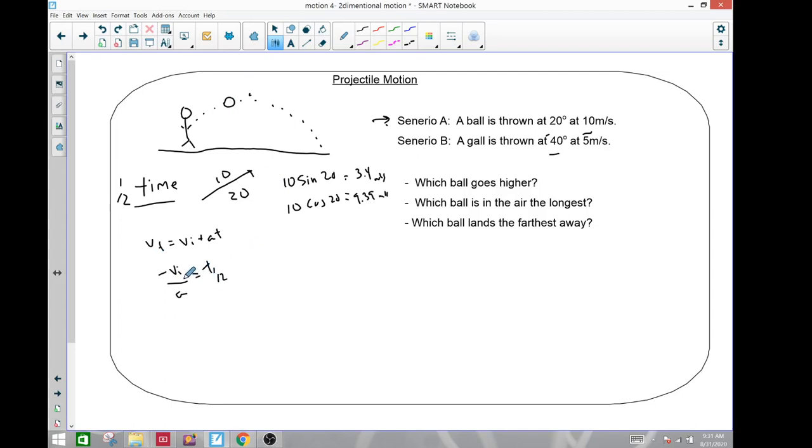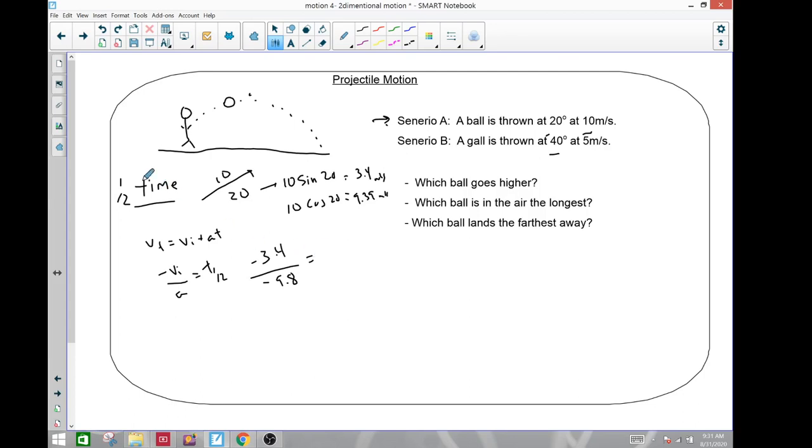I'm looking only at the y component, which is this. So it's going to be negative 3.4 divided by negative 9.8, and we get 0.34 seconds.